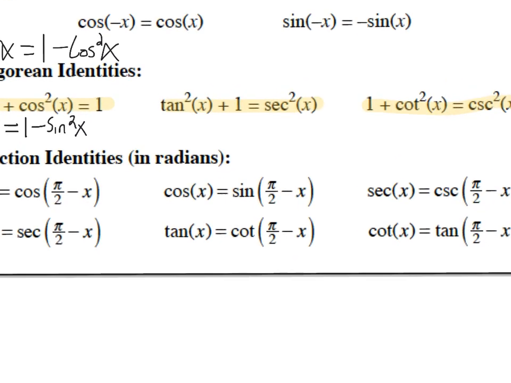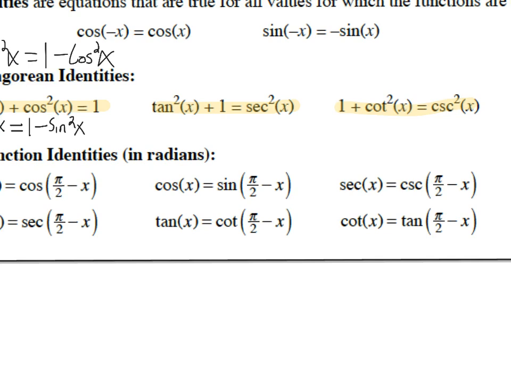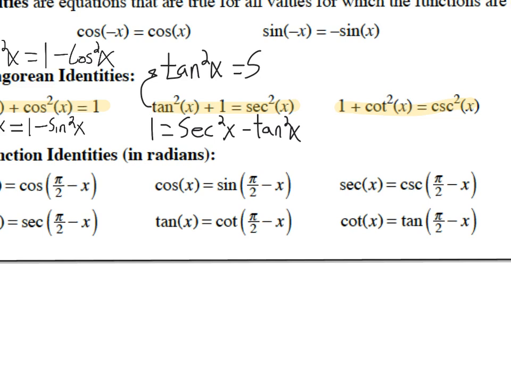You can do the same thing with the other two. If I was to subtract a tangent squared from both sides, 1 equals secant squared x minus tangent squared x. Or if I was to subtract 1 from both sides, and we used this once today, tangent squared x equals secant squared x minus 1.